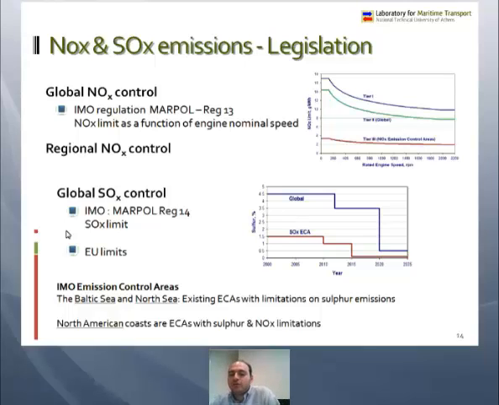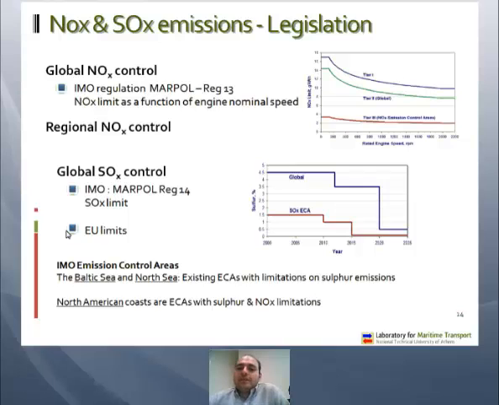We have regulations that set a cap on sulfur emissions, and also these NOx limitations. We also have limits set by the European Union, and there are other regional regulations. For example, in the US, there are also some regulations mainly on NOx and SOx.